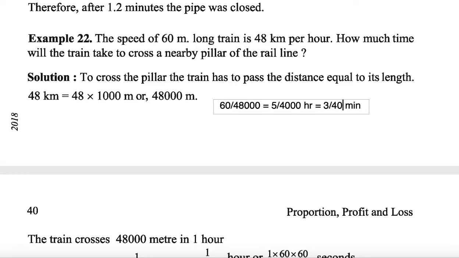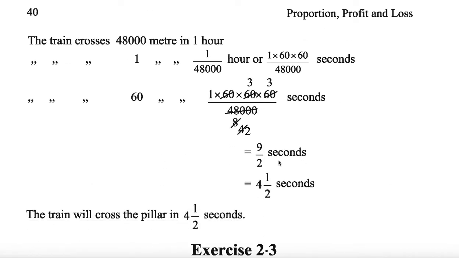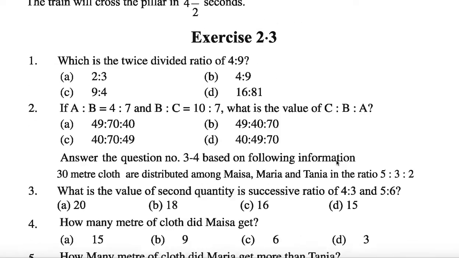Again convert this into seconds. 60 by 40. 6 6 will cancel out, 0 0 will cancel out. 2 3 ja, 2 2 ja, 4.5 second, or 9 by 2 seconds, or 4.5 seconds.